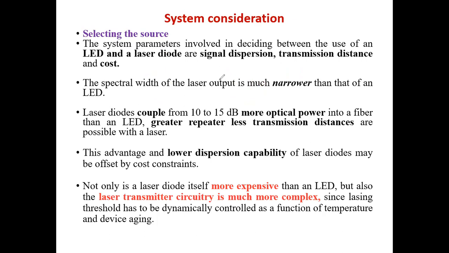The spectral width of laser output is much narrower than that of an LED. A laser diode couples 10 to 15 dB more optical power into the fiber than an LED.